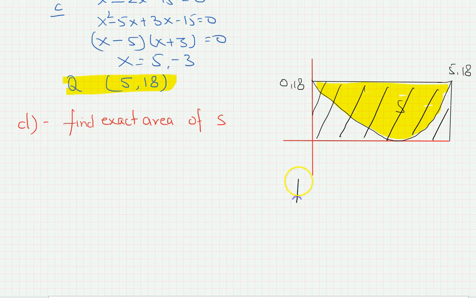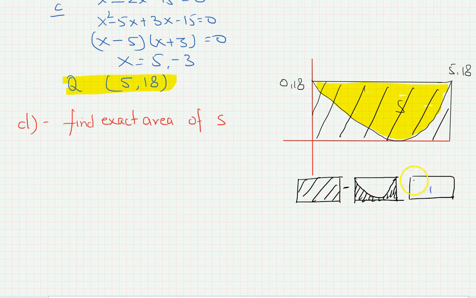So if I find the area of this rectangle, and I find the area under this curve, and I subtract it, what I'm going to get is this shaded area.